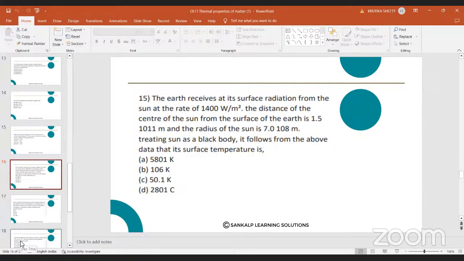The distance of the center of the sun from the surface of the earth is given as 1.5 into 10 to the power 11, and the radius is 7 into 10 to the power of 8. Treating sun as a black body, it follows from the above data that its surface temperature is. Its surface temperature they are asking.